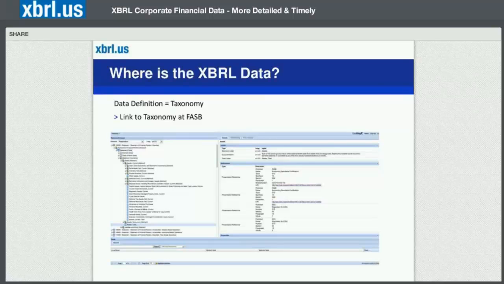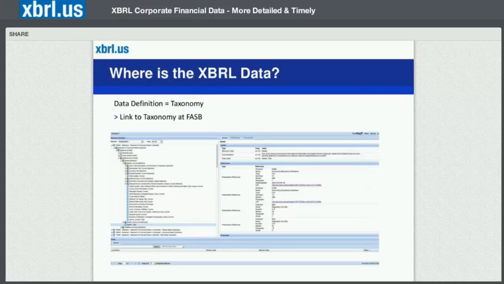The data definition is referred to by the SEC, and people using the XBRL standard, as a taxonomy, and this is basically a listing of what all the concepts are. It allows you to identify what these items are, what's their name, and what's their description, and how they relate to other elements.